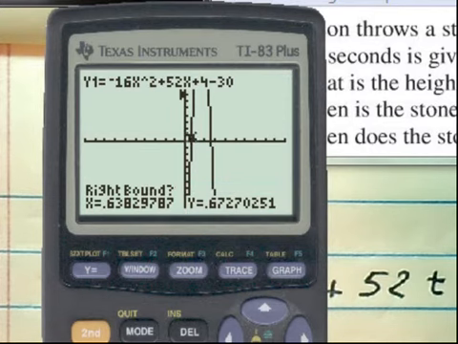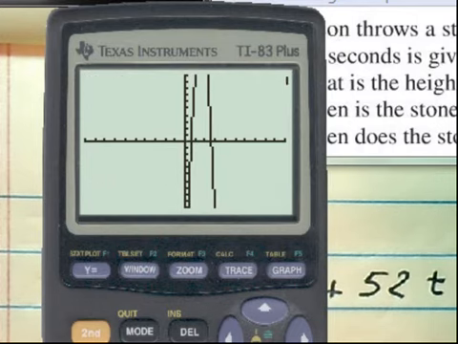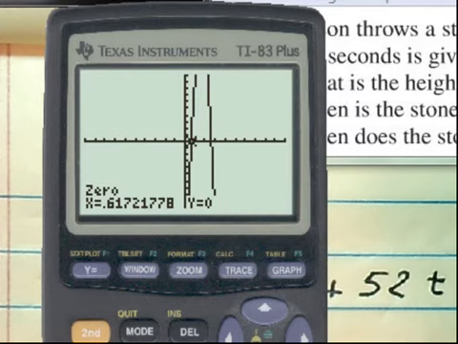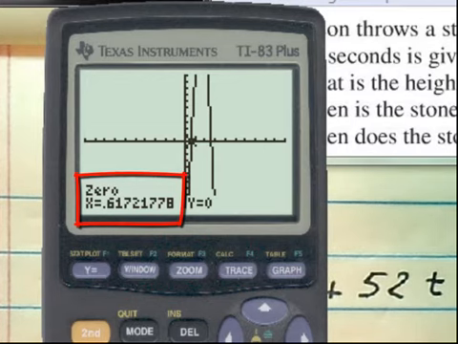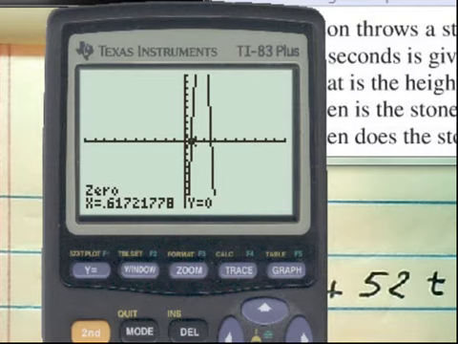So now I know I'm to the right. Enter. Guess. You could get close to that if you wanted, but I can just guess. So there's value 1. X is equal to 0.6, and so that would be one point in which the stone hits 30 feet.